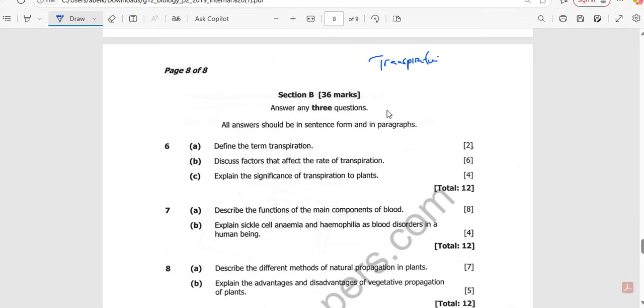Transpiration is the loss of water vapor from the leaves of a plant to the atmosphere.